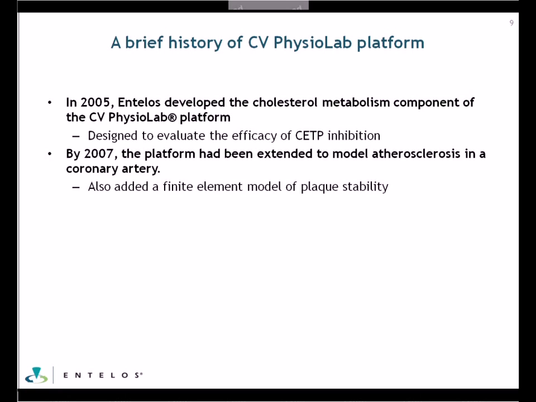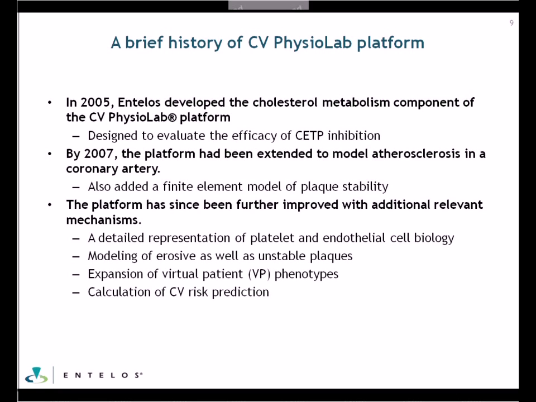At the same time, we worked with some academic collaborators to build a finite element model of plaque stability that allowed interpretation of plaque status measures in the model in the context of the risk associated with plaque rupture. And since that time, the model has undergone a number of further updates, such as the addition of platelet and endothelial cell biology.